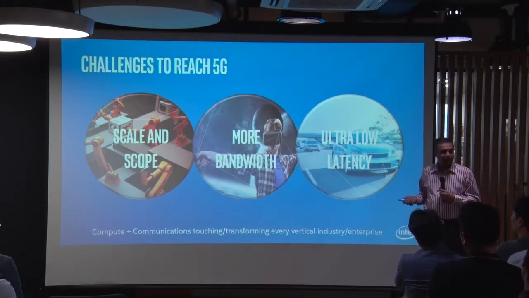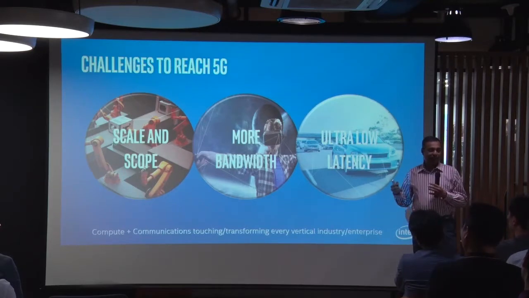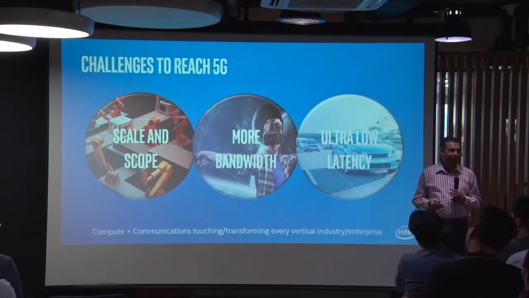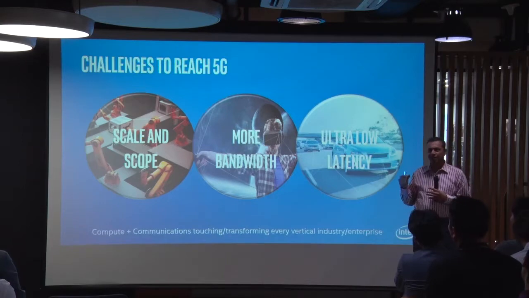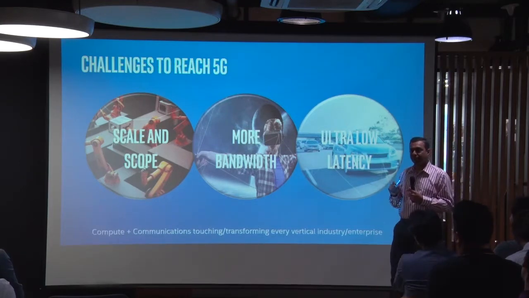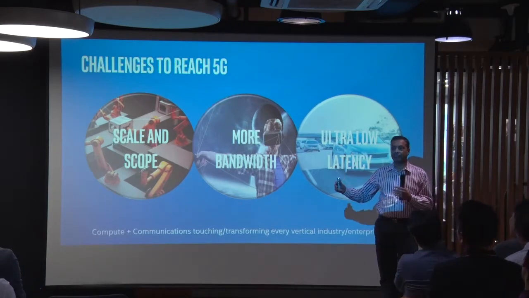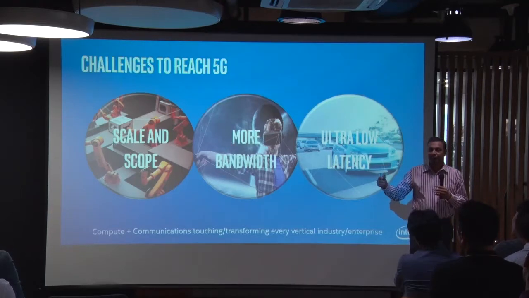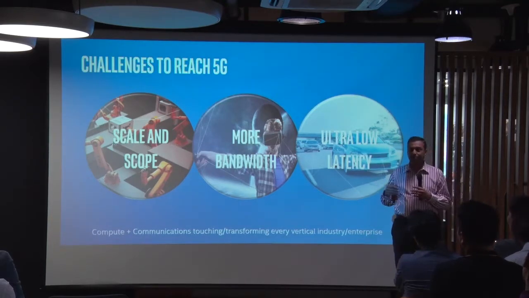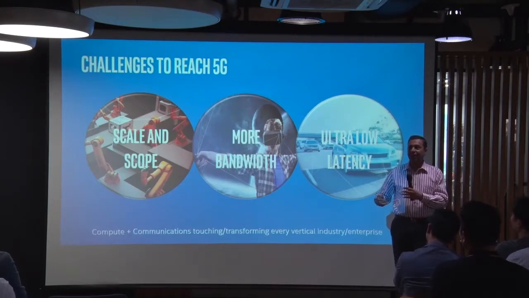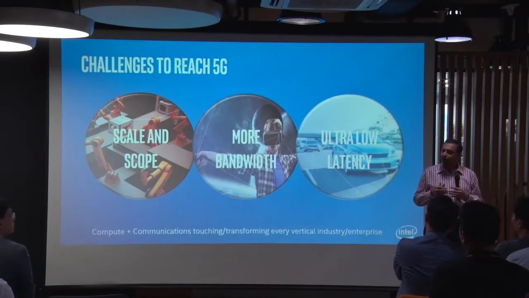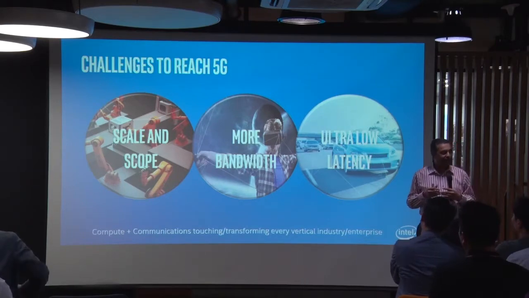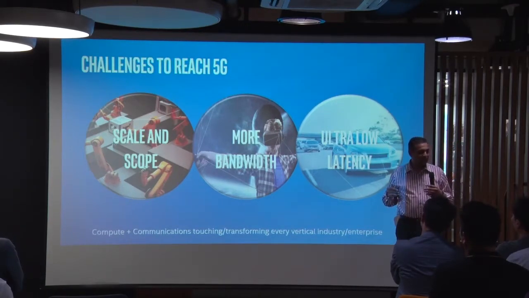Then the second aspect is the bandwidth itself. The amount of data transfer required for these different classes of devices is very different. Some of them transfer a very small amount of data, but the number of those devices is going to be extremely large. That presents a different challenge and a different problem space versus having a relatively smaller number of devices where each sends a large amount of data.